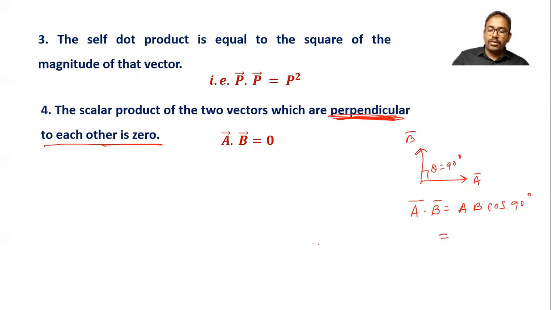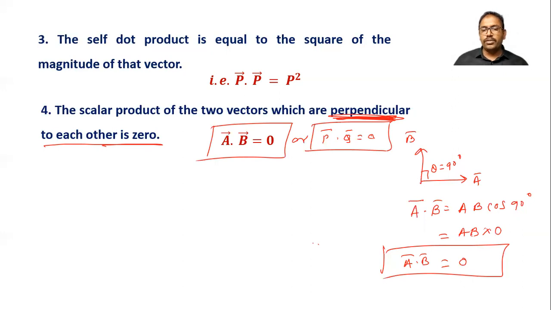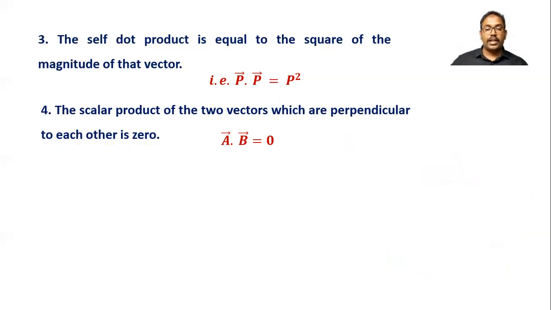Cos 90 is 0. So a b into 0 is 0. So a bar dot b bar is 0. Or you can write, if p bar and q bar are perpendicular, then it is 0. You can use a, b, c, any symbol. Remember, if the vectors are perpendicular, then their scalar product is 0, and this is the characteristic.